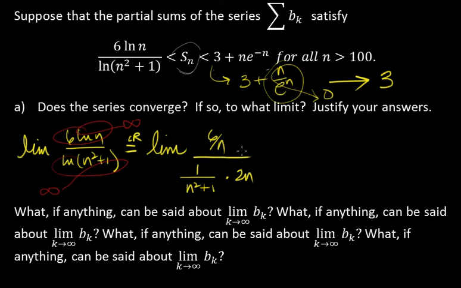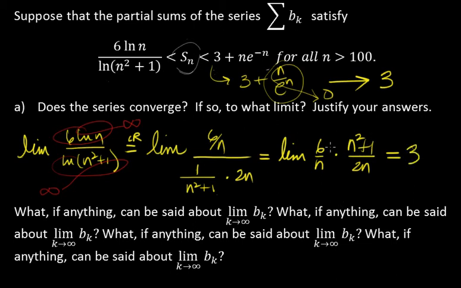So if you simplify that expression, actually I said I would do all the algebra here, so let me do this. We'd get the limit of, now this is 2n over n squared plus 1, so I'm going to invert and multiply. So I have 6 over n times n squared plus 1 over 2n. Now, if you use L'Hopital's rule once, or if you divide top and bottom by n squared, you'll see right away that this limit is 6n squared over 2n.